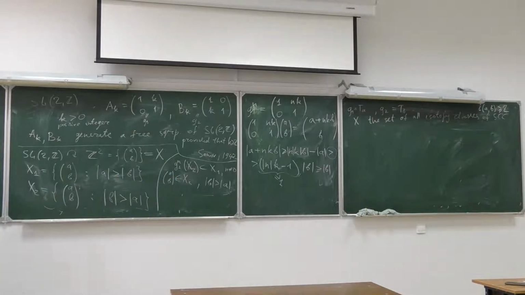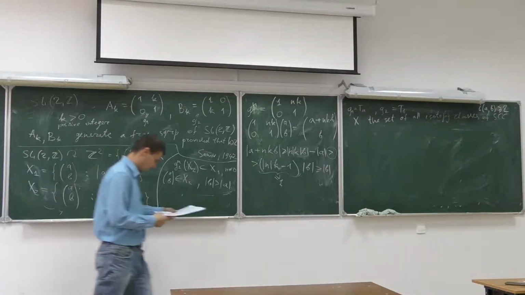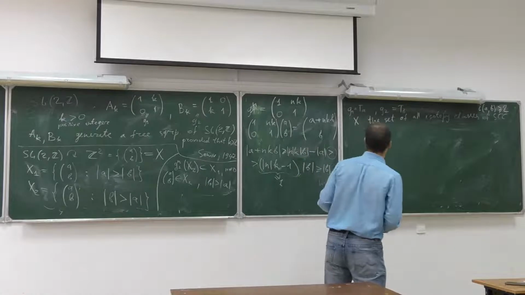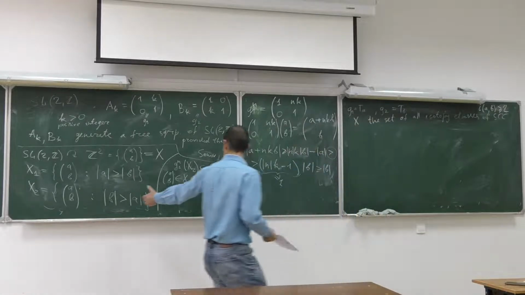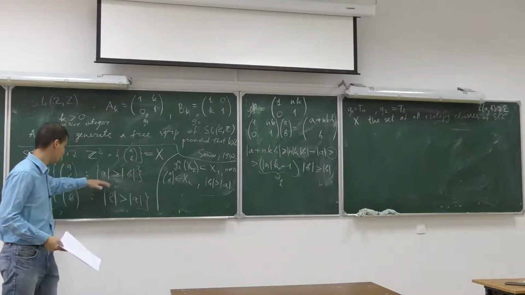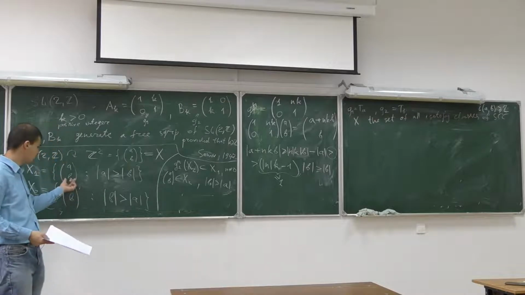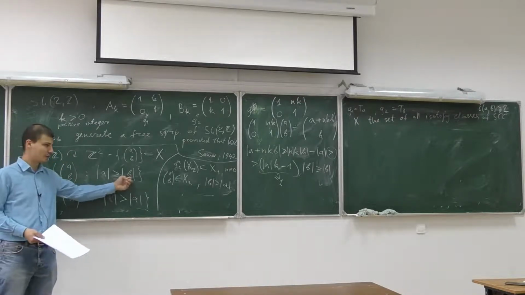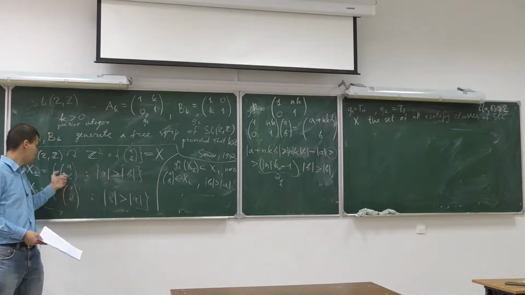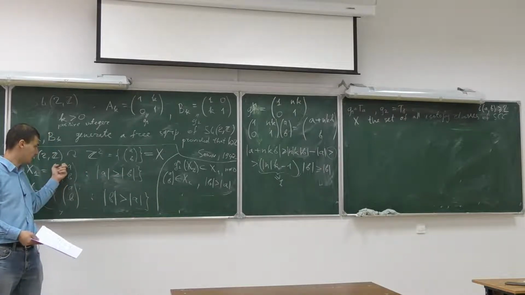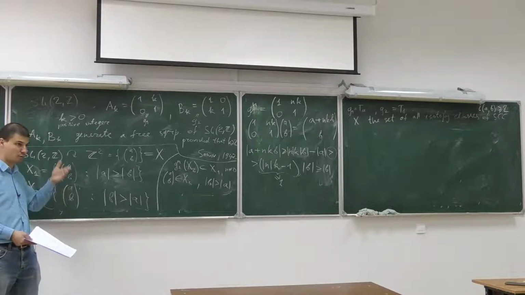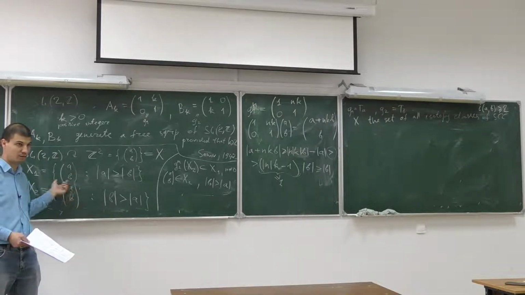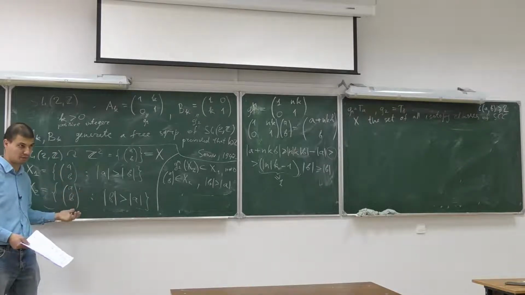And a natural analogue of these subsets: A is a scalar product with the first basis vector, and B is the scalar product with the second basis vector.